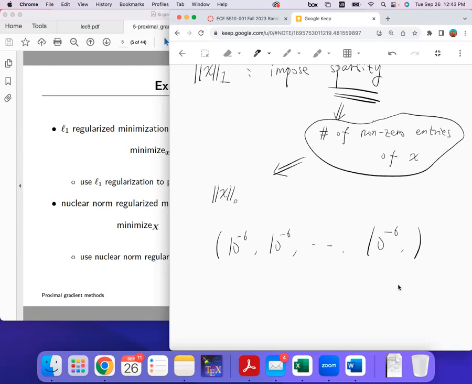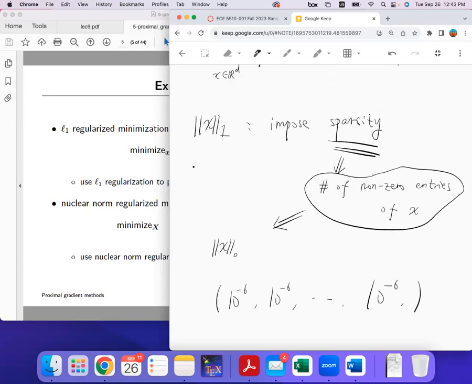So that's why in practice, people can show that the L1 norm is a very good approximation of the L0 norm, and it's very nice because it's convex. L1 norm is convex, and also it is a continuous function, so for this vector, if you evaluate this L1 norm, you still get a very small number.